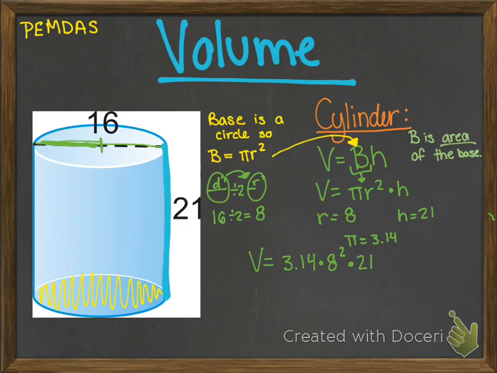Now, in order to solve this, we still have to follow PEMDAS. So we don't have any parentheses, but we do have exponents, and that is 8 squared. So remember, that is the same as doing 8 times 8, which is 64. And I'm going to rewrite this entire equation just replacing where 8 squared was with 64.